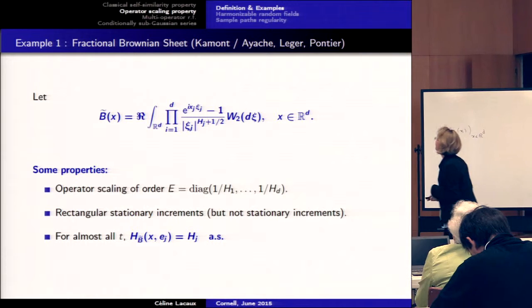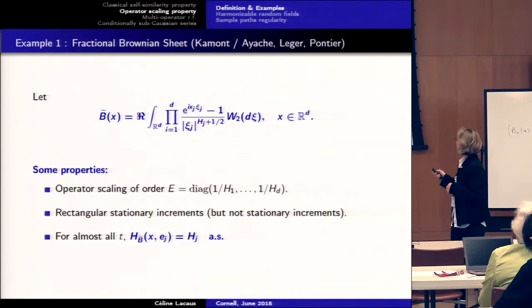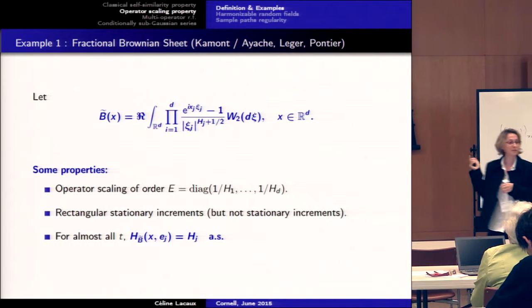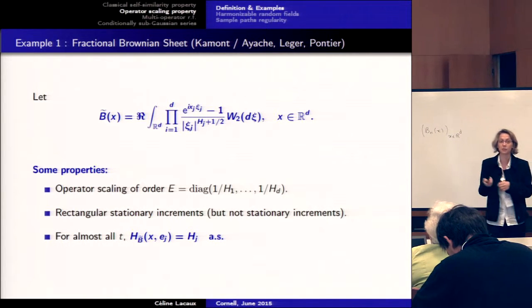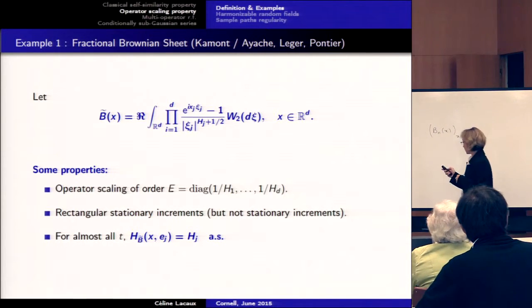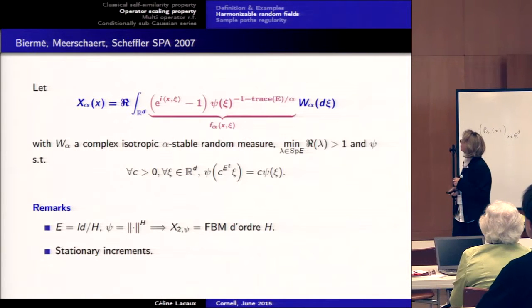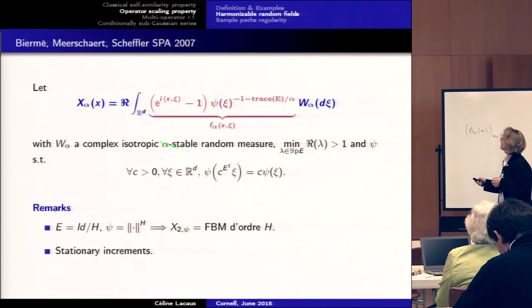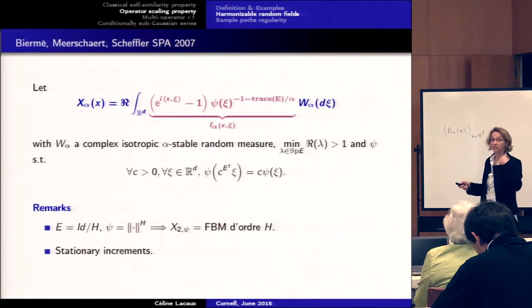But that won't be the example that will interest me in this talk, because I would like to keep stationary increments. So we will have a look at the harmonizable random fields introduced by Bierme, Meerschaert and Scheffler, defined by this. And as I said at the beginning of the talk, there are two differences with the harmonizable representation of fractional Brownian motion.